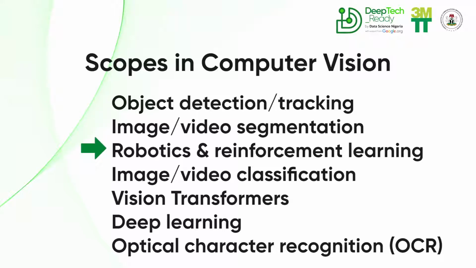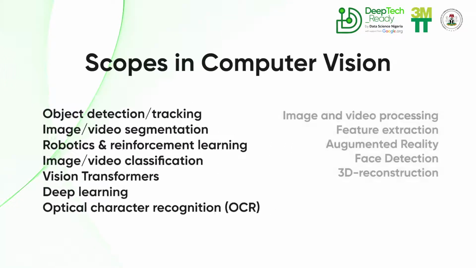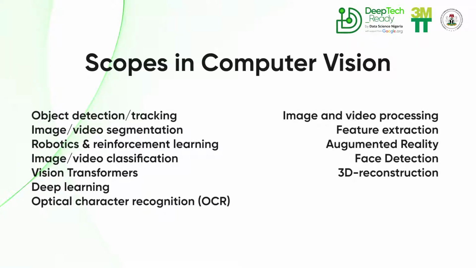We have robotics and reinforcement learning. We have image and video classification. We have vision transformers. We have deep learning, and we have OCR. So I'm going to dive real deep into each of all these scopes and talk a little bit about them. What do they really entail so that we can have an idea of what they are?